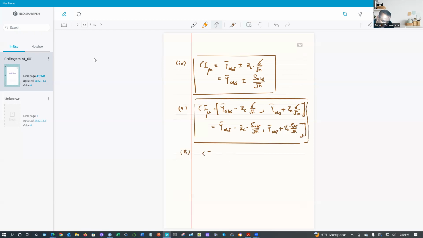Or the other one: you can write the confidence interval for mu as y bar obs plus or minus TC s obs over square root n, or y bar obs minus TC s obs over square root n, comma, y bar obs plus TC s obs over square root n, in brackets, depending on which one you're going to use.